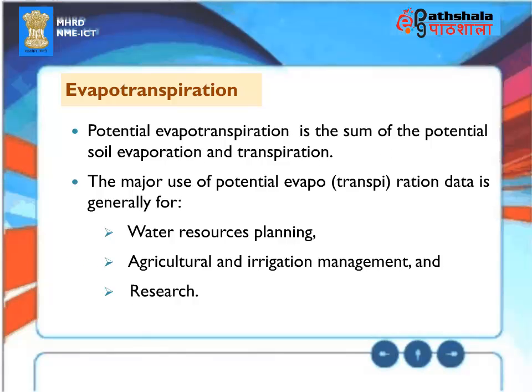Potential evapotranspiration is the sum of the potential soil evaporation and transpiration. The major use of potential evapotranspiration data is generally for water resources planning, agricultural and irrigation management, and research.